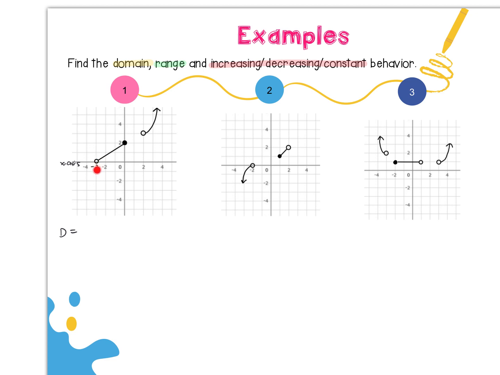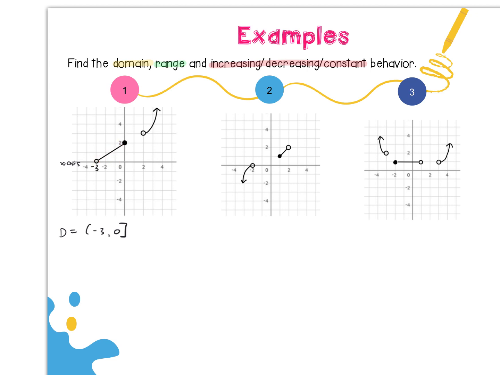It's an open circle, so it's not including -3, but I know my domain is going to start at -3 and move along all the way to x is 0. Notice that at x is 0, it's a closed circle. So I just represented the domain of this piece of the graph.